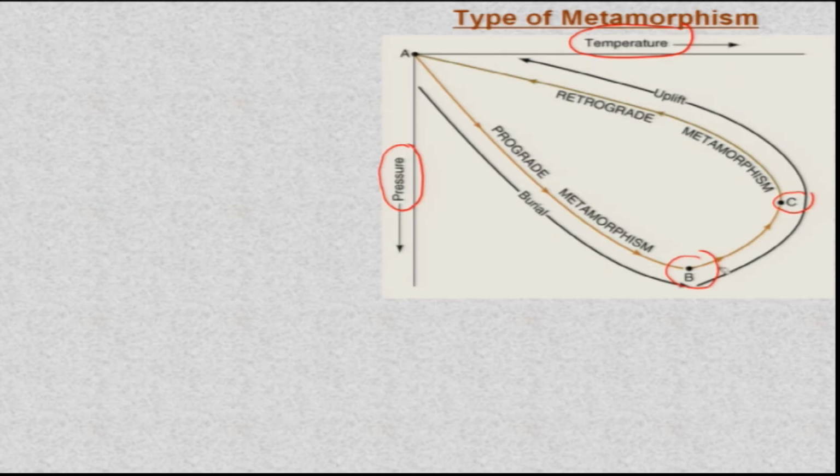After that, if you have an uplift going on, in that process the pressure decreases, no doubt, and there is some increase in the temperature over here, but it slowly decreases, though not very smoothly. So the prograde metamorphism continues up to C, and then the uplift comes, the rocks are exposed towards the surface, where again the pressure decreases and the temperature also decreases. That is termed retrograde metamorphism.